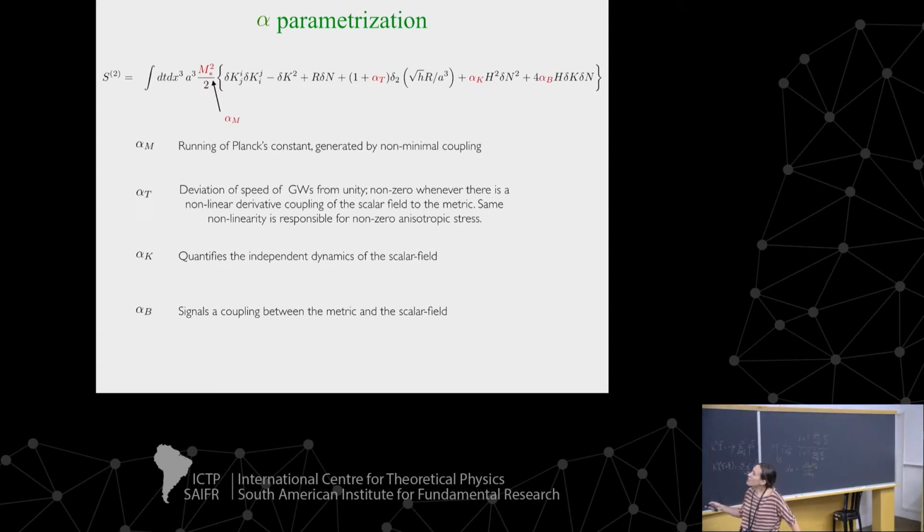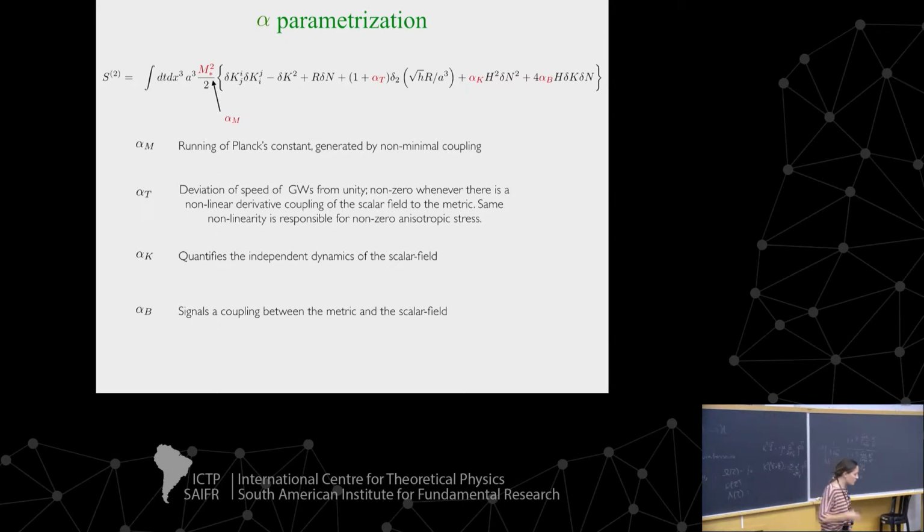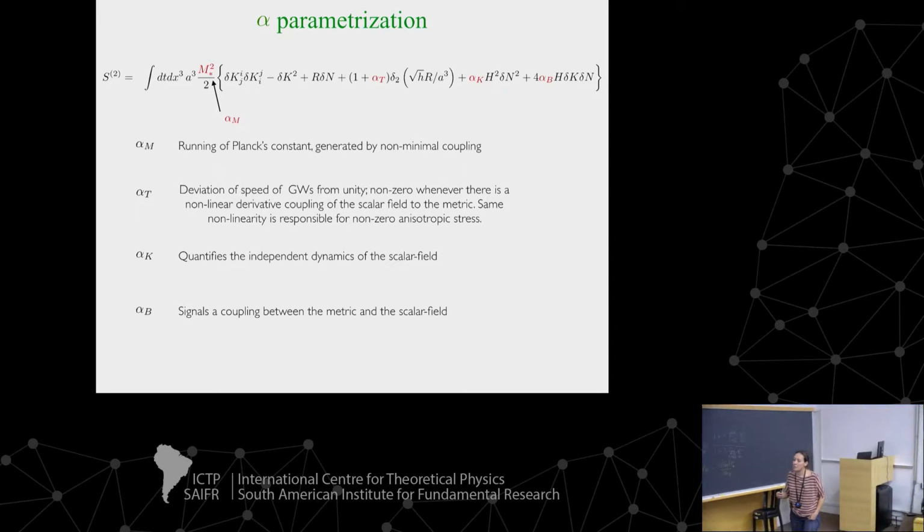Alpha K quantifies the intrinsic independent dynamics of the scalar field. Again, for f(R) it will be 0. It's called kineticity. Braiding signals any type of coupling between your scalar field and the metric. So for f(R), it's non-zero. Yes, what did I say? Sorry? The first one. Yeah, alpha M is the running of Newton's constant.